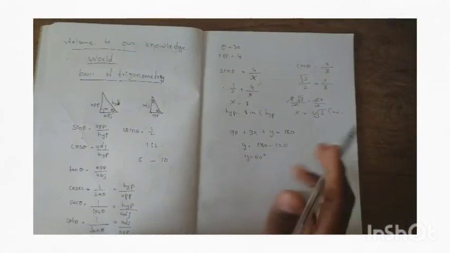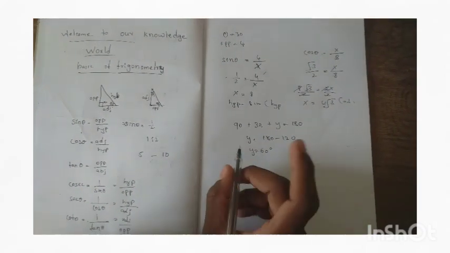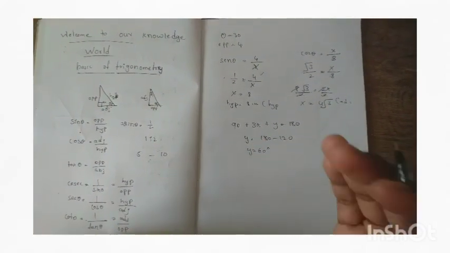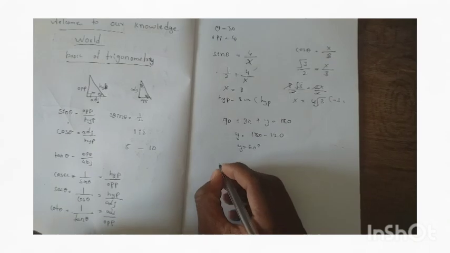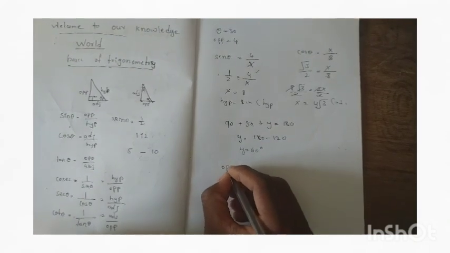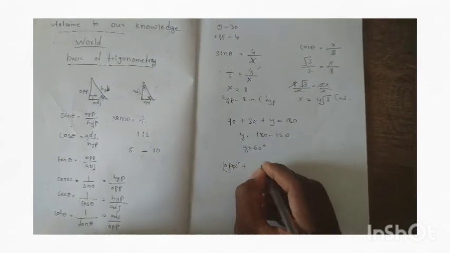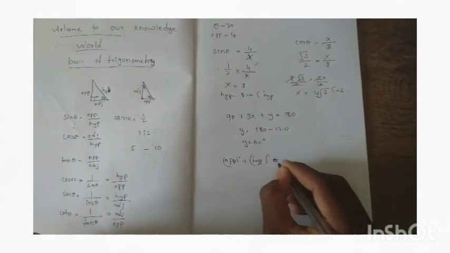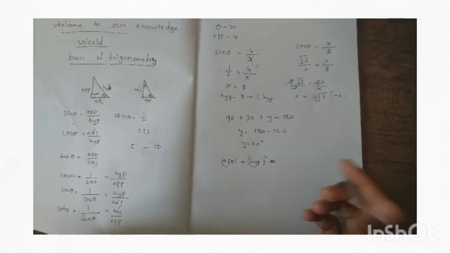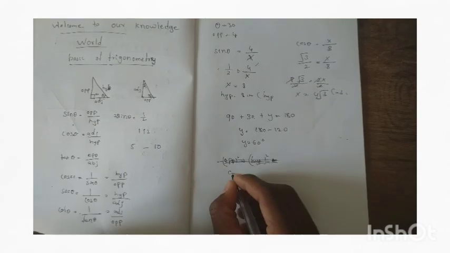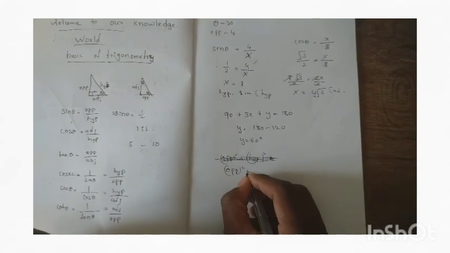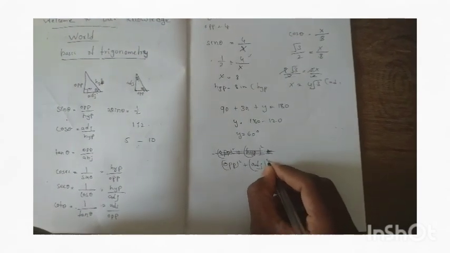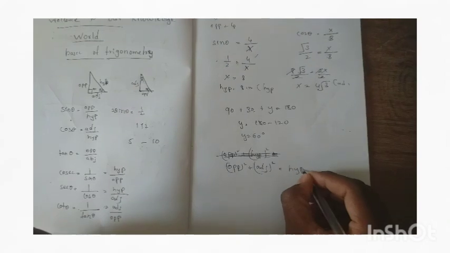Then we start. First we use the Pythagoras theorem. We have been studying it from small classes, right? What is the Pythagoras theorem? Opposite square plus adjacent square is equal to hypotenuse square.